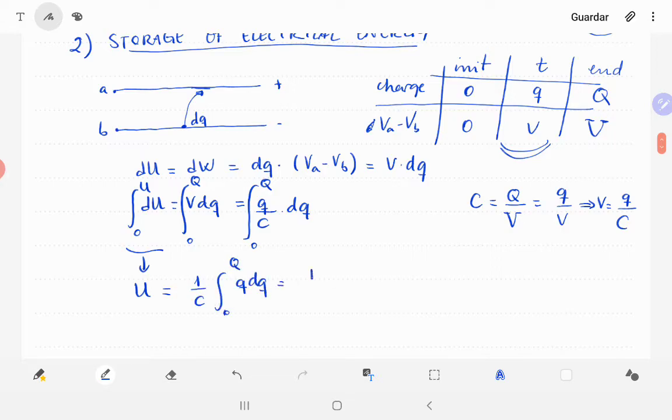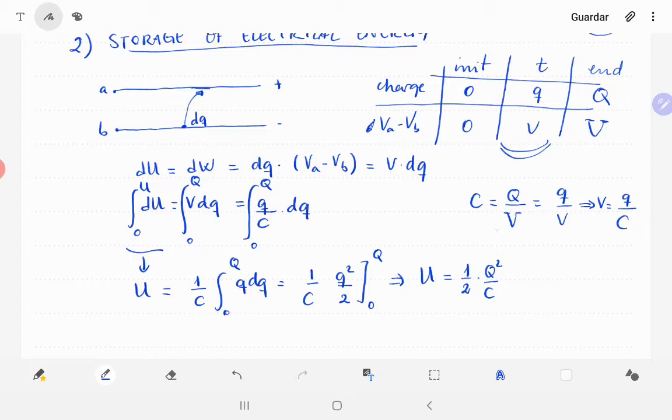And if you integrate this, this provides Q squared divided by 2 between 0 and Q. So the total energy is equal to 1 over 2 Q squared divided by C.